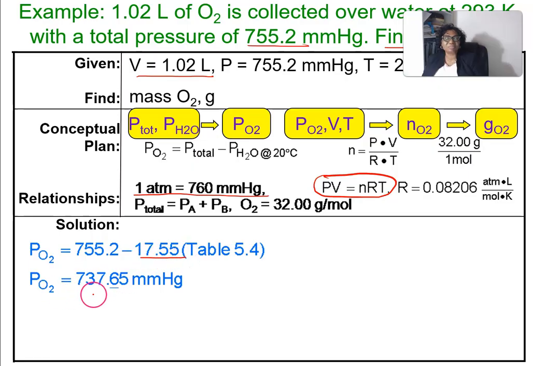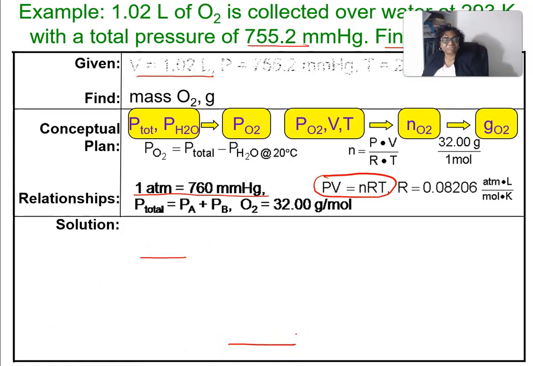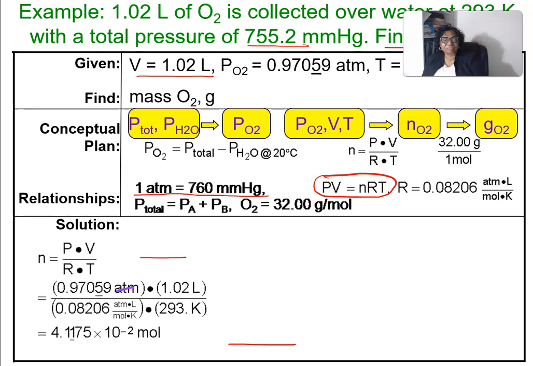So this is the pressure of oxygen. Then we use our ideal gas equation to find the number of moles of oxygen. But of course, you have to convert your pressure to atmosphere. So when you substitute in this ideal gas equation, you get n.